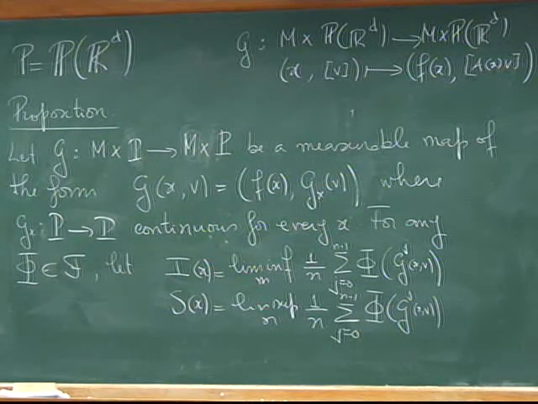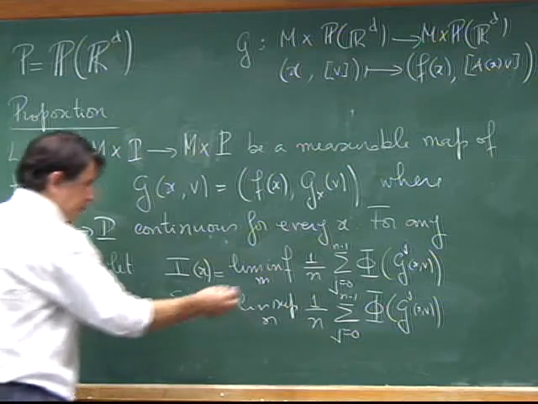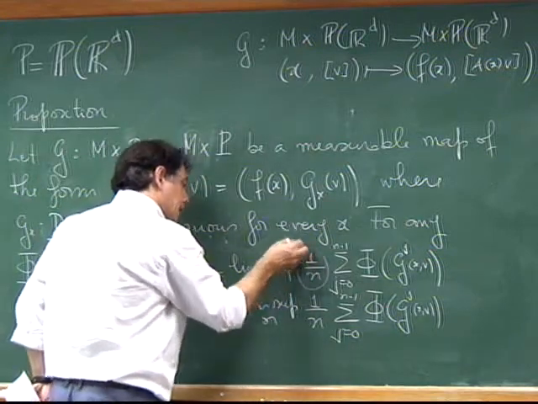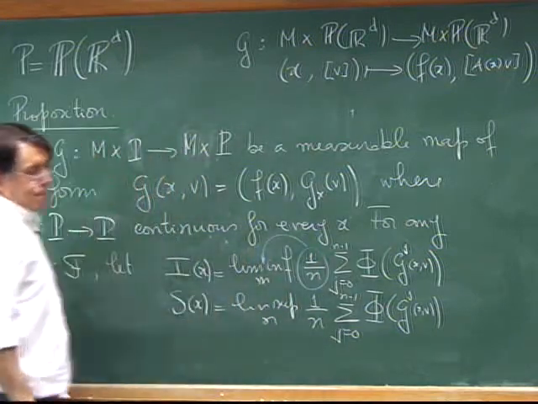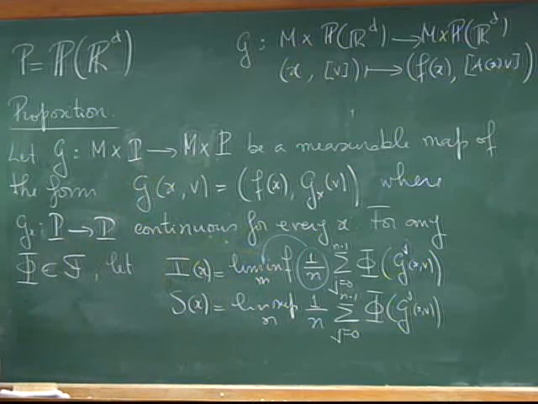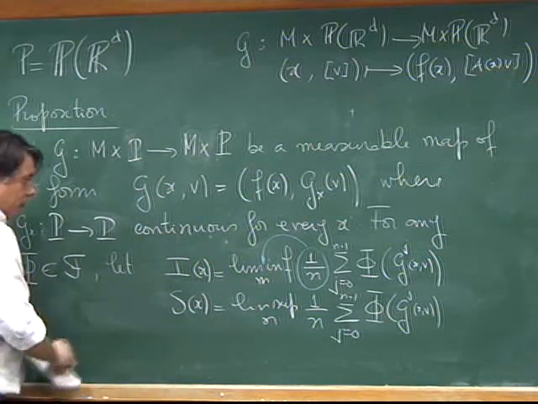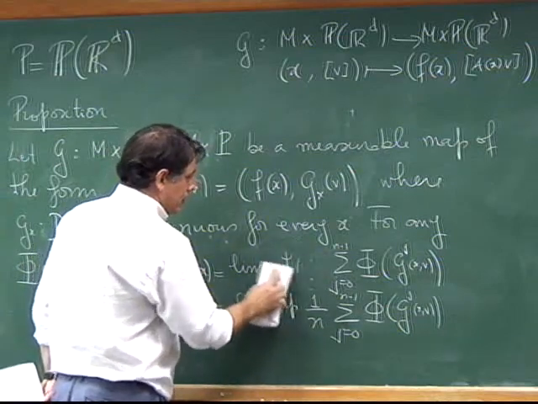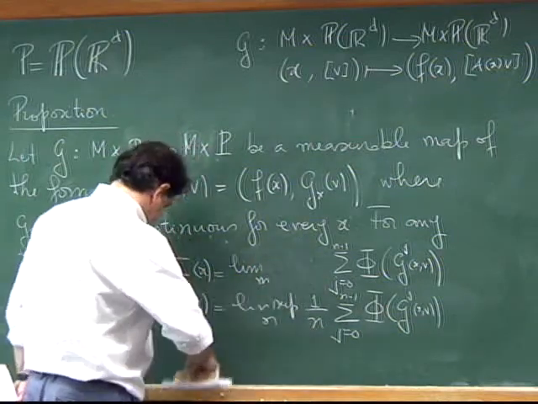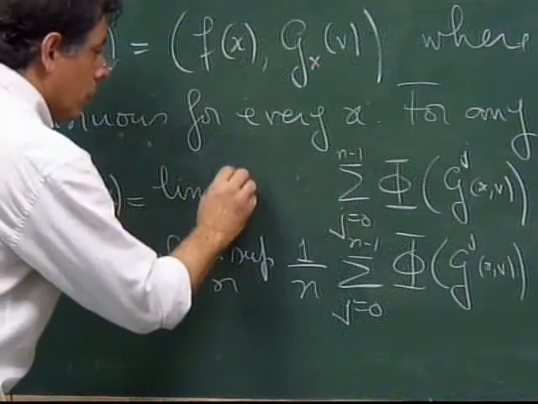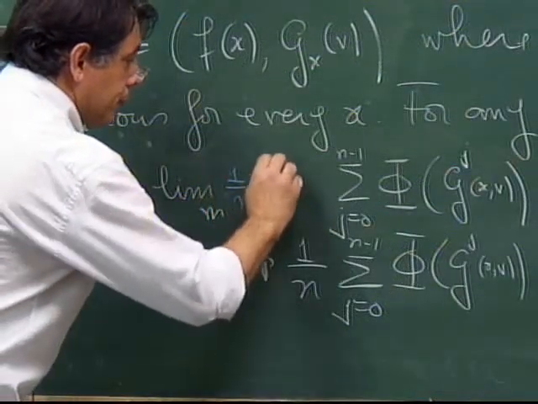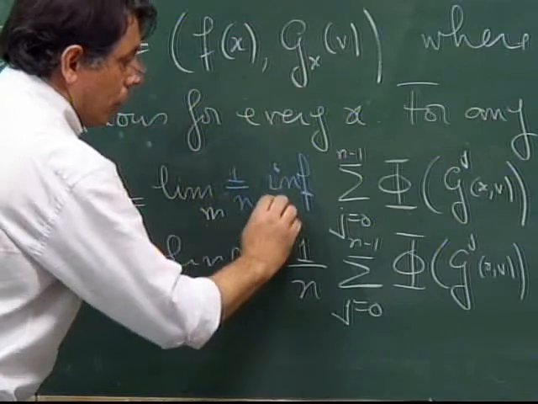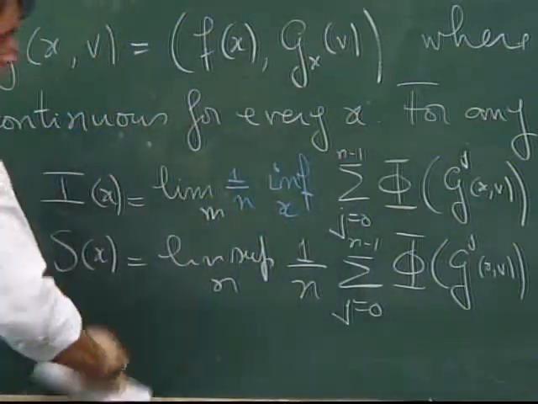Well, actually, it's not correct. This is not what I want to write. I want to write the limit of 1 over n, infimum over v of this.